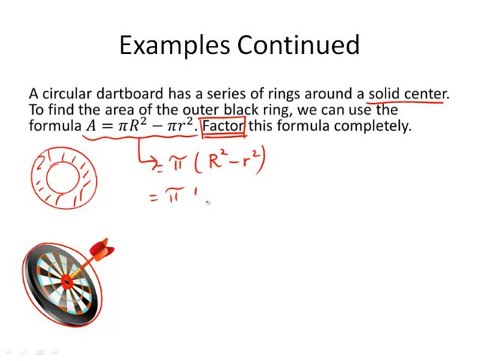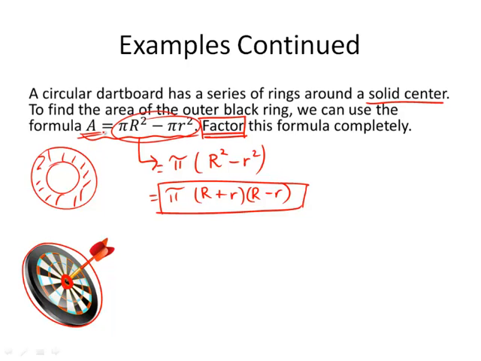So pi stays, and the difference of squares has a plus and a minus, R plus r, R minus r. So if someone doesn't know how to square things, you can just tell them, well, take the two radii, add them, and subtract them, multiply those two numbers together, and multiply by pi is another way to find the area of the outer black ring.